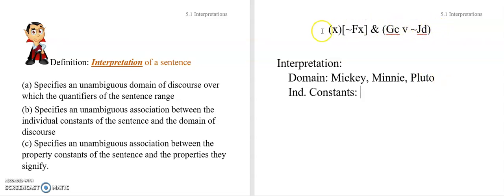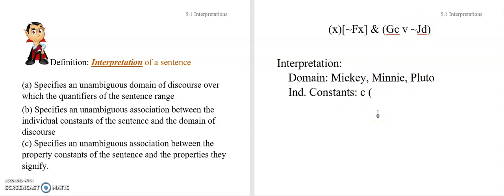If there are no individual constants in the sentence, you don't have to worry about this parameter, but we've got C, and so maybe we're going to say that C stands for, it's got to stand for some member of the domain, okay? And C and D could both denote Mickey, okay?